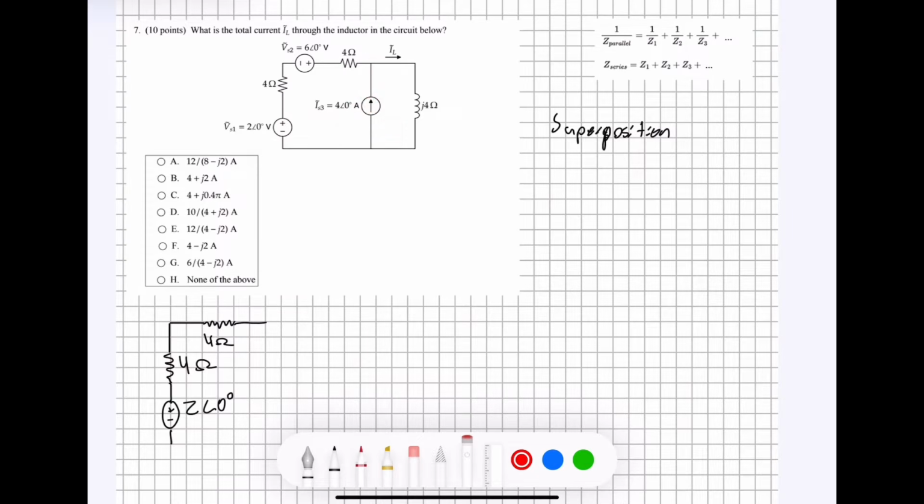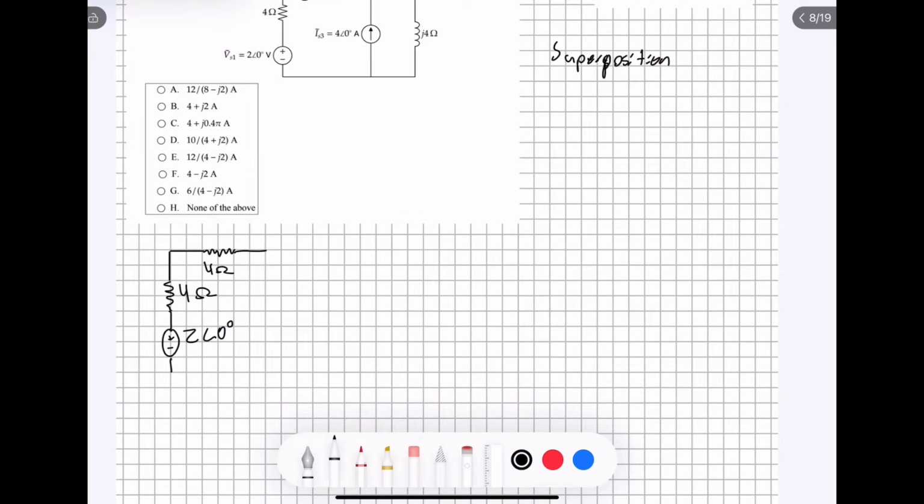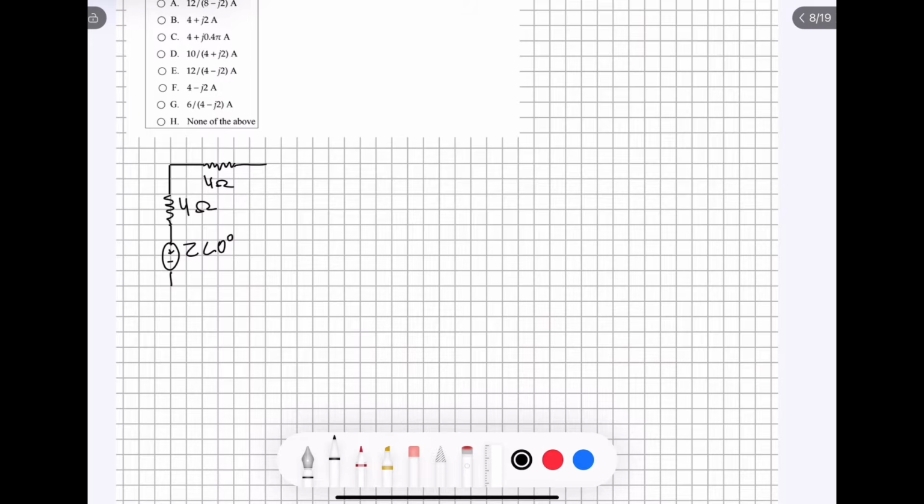So this middle branch here, when we turn our current source off, is just going to completely be neglected because it's an open circuit and no current is going through it. Which means that the next component of our circuit is going to be our inductor over here, with J4 ohms. This is our redrawn circuit number 1.